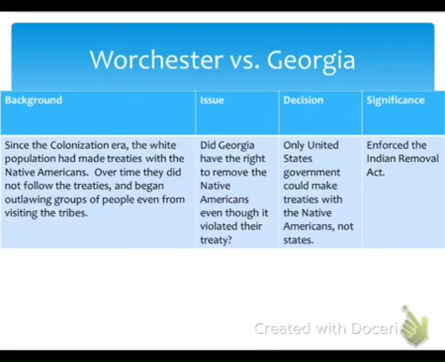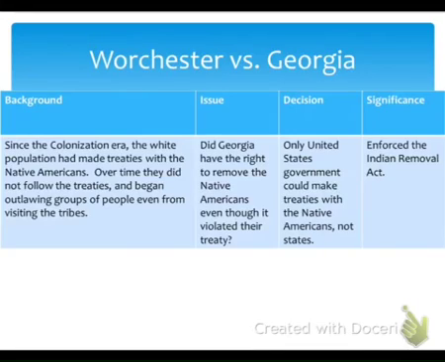Neither group was really good about following the treaties wholeheartedly, and they began to break them. State governments started outlawing groups from even going to visit the tribes, like missionaries. The whole idea was who had the right. The issue here was who had the right to remove the Native Americans, even though it violated the treaty. Did Georgia have the right to do that?